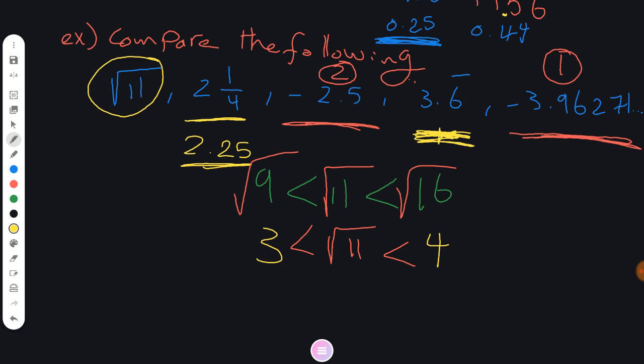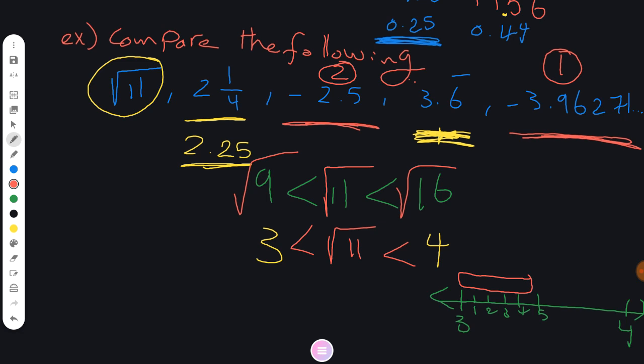As a number line, if we have the number line here, this is 3, and this is 4, with 3.1, 3.2, 3.3, 3.4, 3.5 in between. I know it's near to 9, so it will be in this area. Is it very near to 9? I think so.